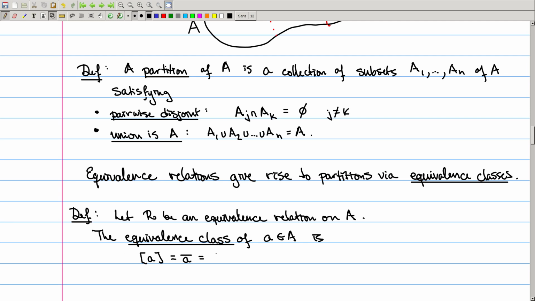And it's a specific subset of A consisting of all elements of A which are related to a.